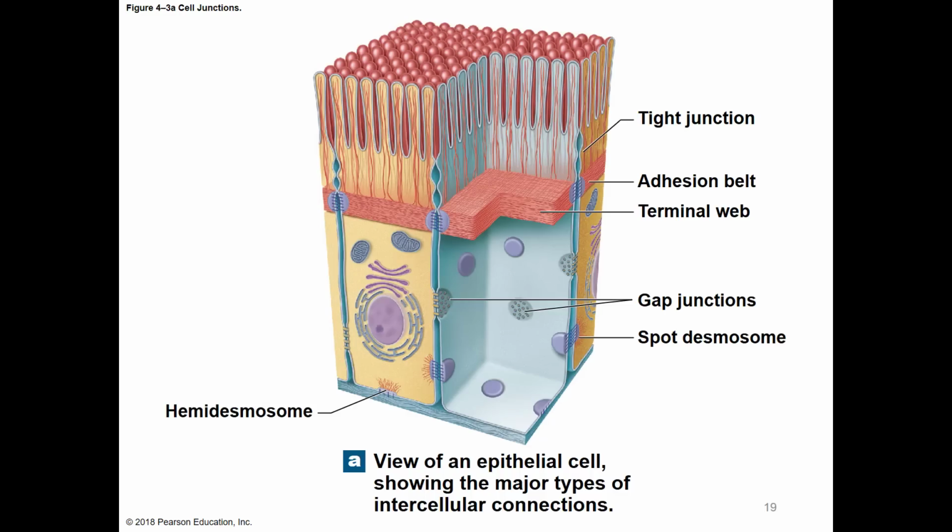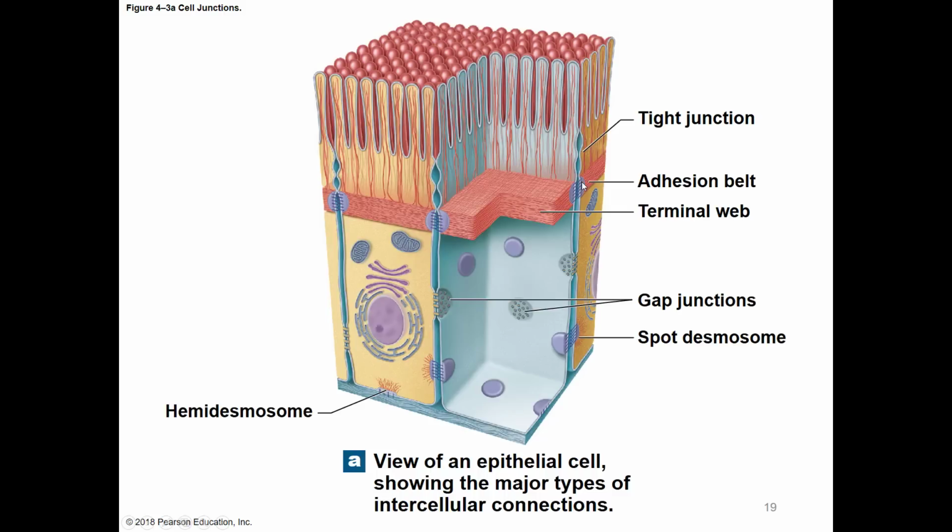Okay, so in this picture, reviewing, here are some gap junctions. Right here, these allow for communication between neighboring cells. And then here are tight junctions. We're going to look at them up close. This would be a tight junction right here.